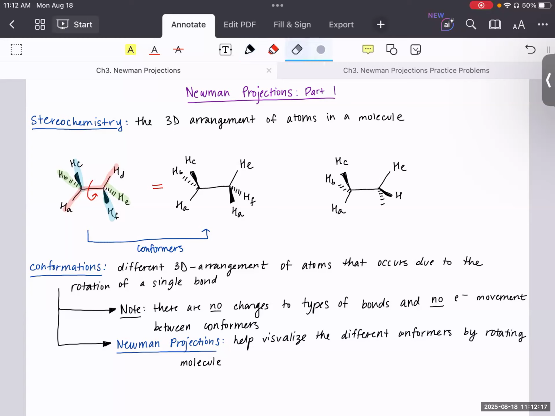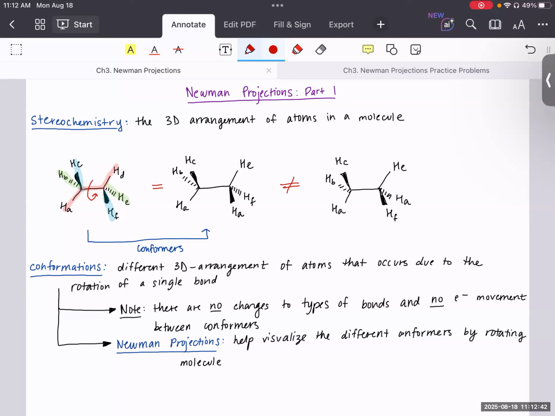So we'll do HA dashed and HF wedged. So you can see that we just swapped that HA and the HF. These two would not be equal to each other because we didn't just rotate around a bond, we actually swapped that three-dimensional arrangement. And so in another video, we'll go through how those molecules are related.